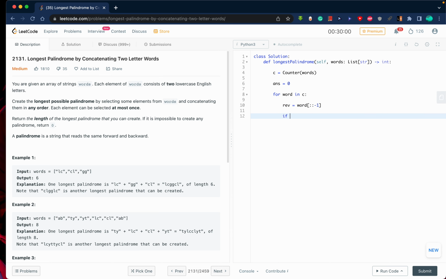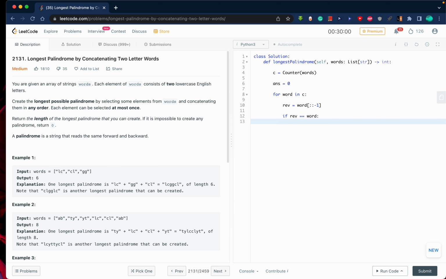And then if reverse is equal to word, in that case this word has the same characters like AA, BB, CC, right? And so one thing I can do is, if I find a word like that which has the same characters, I can put it in the middle, right?